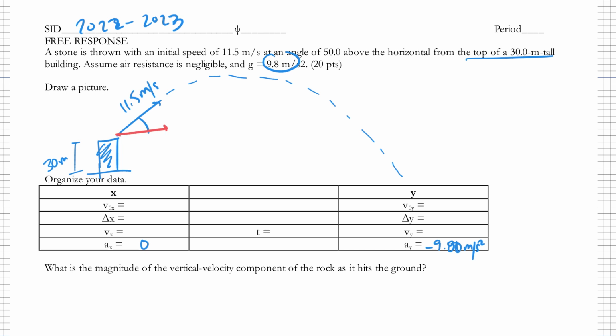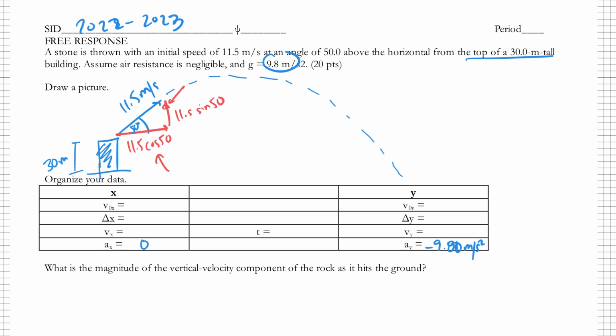So here's my X direction, here's my Y direction. Looks like I didn't include that 50 degrees, although I should have. So this right here will be 11.5 cosine of 50. This will be 11.5 sine of 50. We know because this side right here is the opposite, so it is the sine, and this side right here is the adjacent, so it gets the cosine.